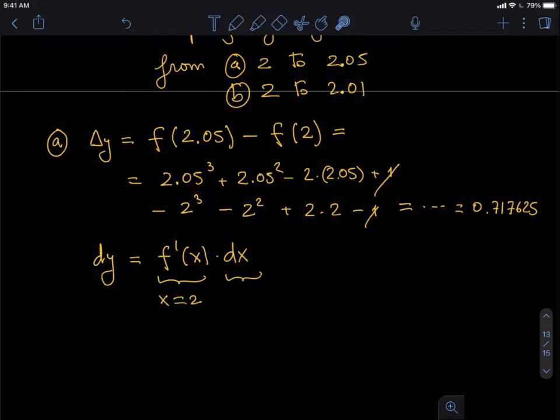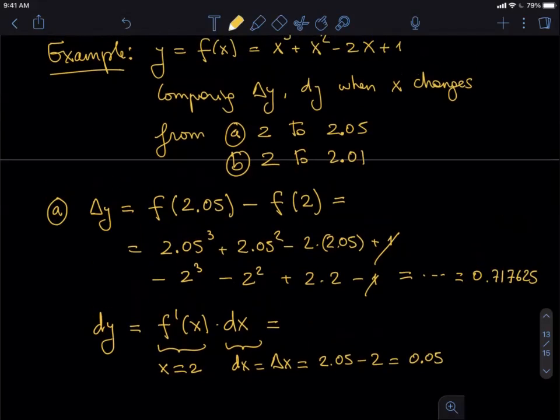So x, we are going to pick 2. And then dx is equal to the increment. Let me write it. dx is the increment in x, the difference in the input. So this is 2.05 minus 2. That is 0.05.